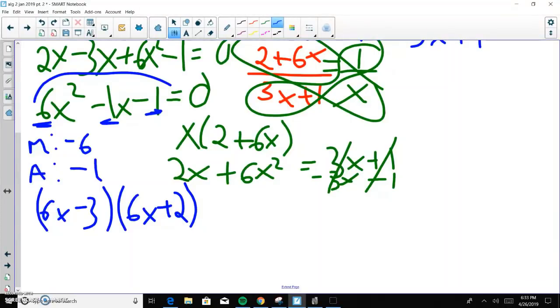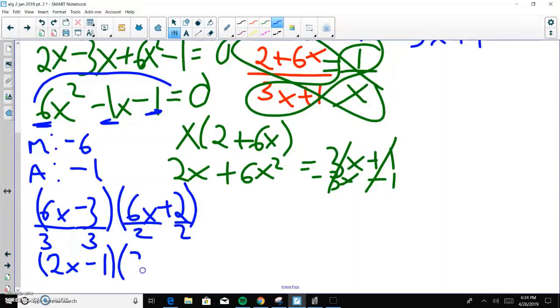Negative 3 plus 2 is negative 1. So now we're going to have to fix this. So divided by 3, and we get 2x minus 1. And then we have to also simplify this. So you get 3x plus 1.